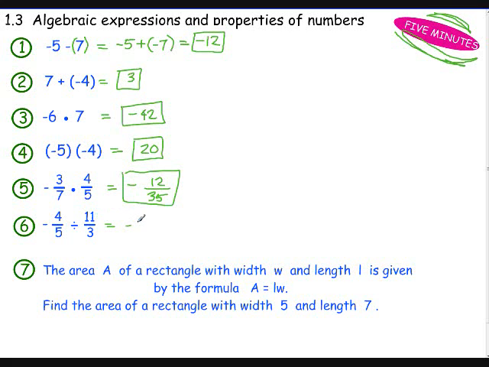So we have a -4/5 times... So let's stay, change to multiplication, and flip. One negative, one positive. Our result, our product, will be negative. Be negative 12 over 55.